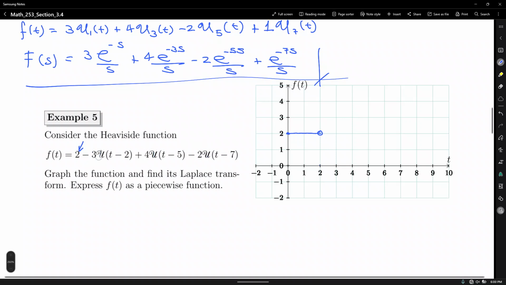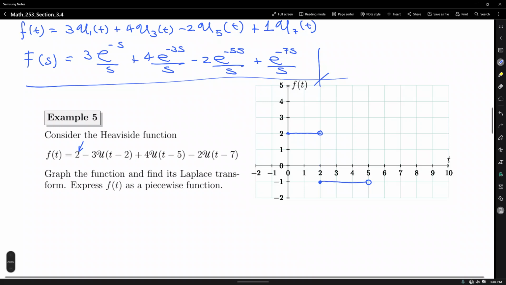So that means I'm going to go down 3 units because of the negative 3. So that's 1, 2, 3. And then I'm going to turn on a signal with a value of negative 1. That's going to go from 2 all the way to the next value of t where we have a jump discontinuity, which is 5. Here is where we're going to turn it off.